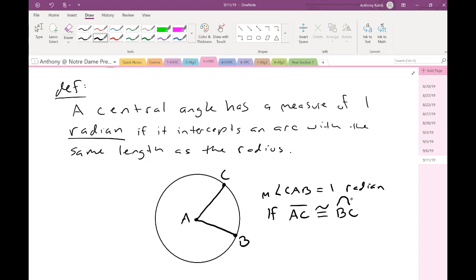So when we say the word congruent, we're talking about two things that have the same measure. So they might both have the length of 5 centimeters or something.